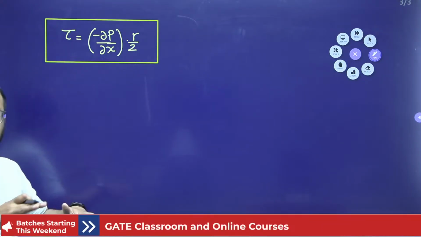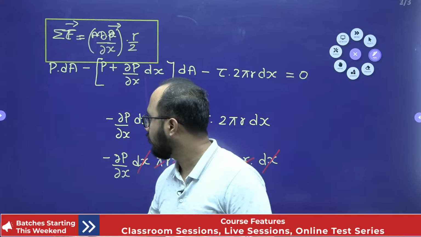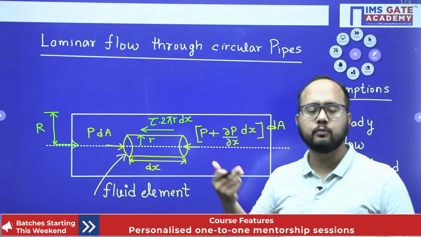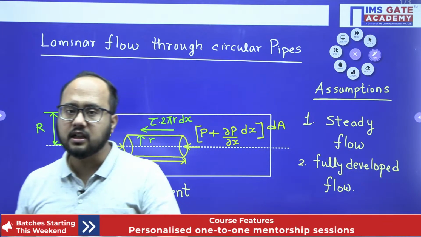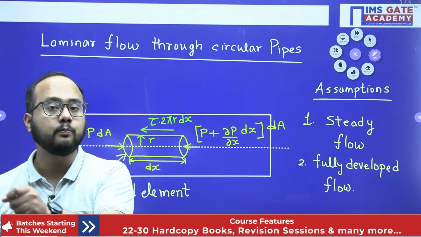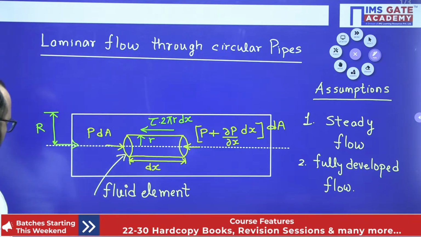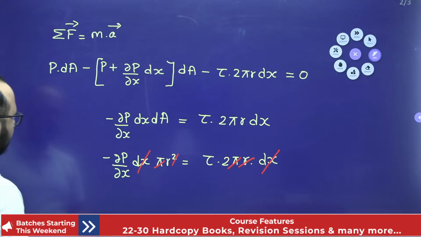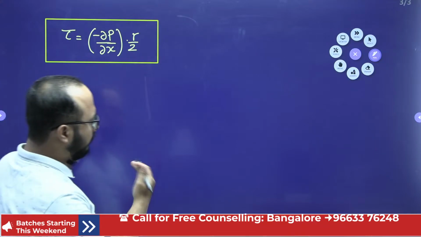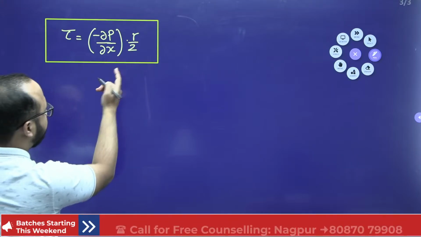Now from this relation we will conclude 3 important points regarding laminar flow through a circular pipe. From the relation τ = −(∂P/∂x)(r/2), I will conclude 3 important points that will help you solve some of the important questions in the GATE examination. I hope that much is clear to everyone. Point number 1: shear stress is proportional to r.